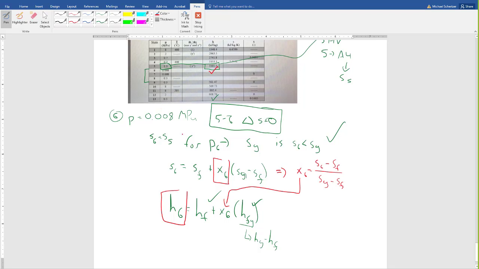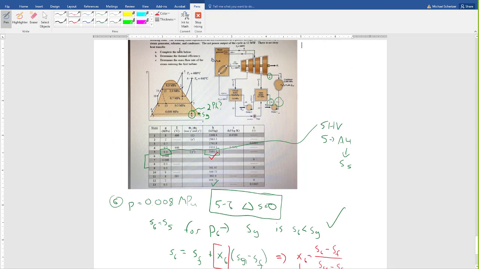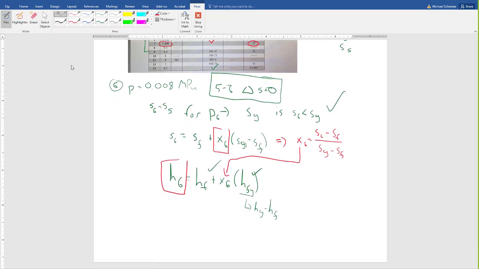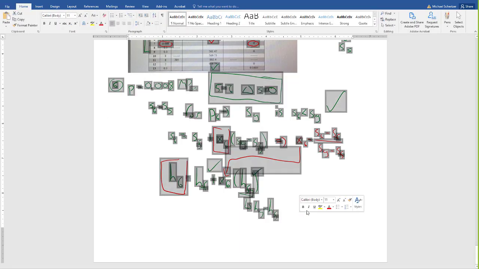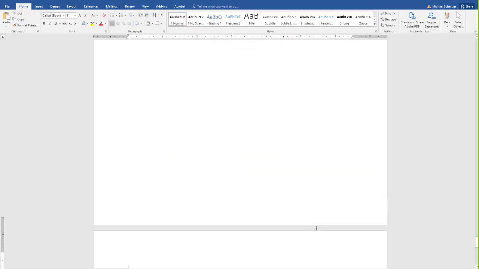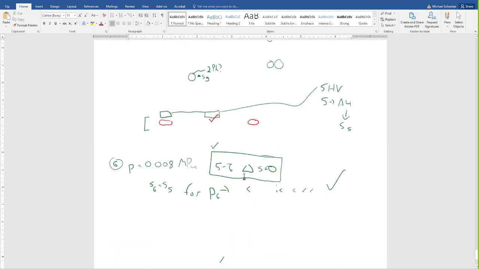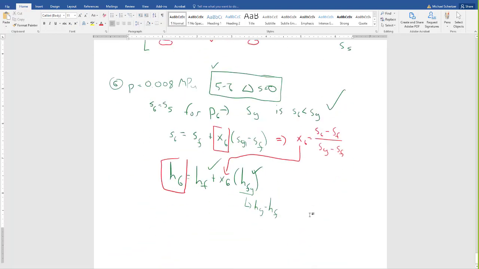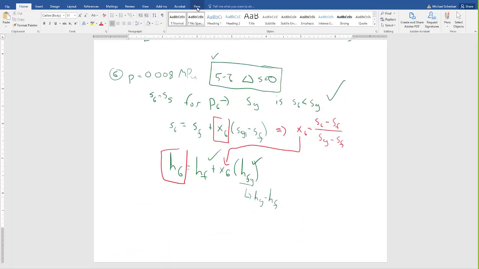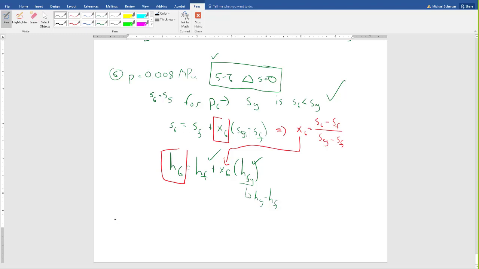Now we want to find H7. So I look at the diagram. State 7 is coming out of the condenser. They tell me that the quality of state 7 is 0, and the pressure of state 7 is the same as state 6. I'll do state 7 down here, and then I'll have to move up a page to do state 8.